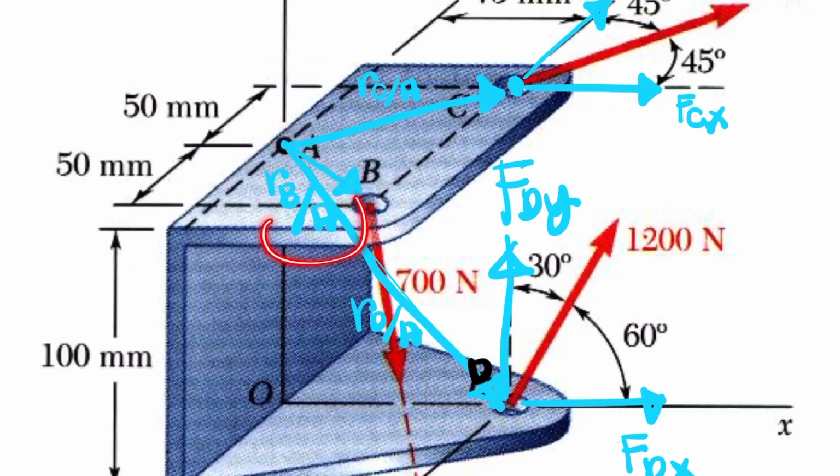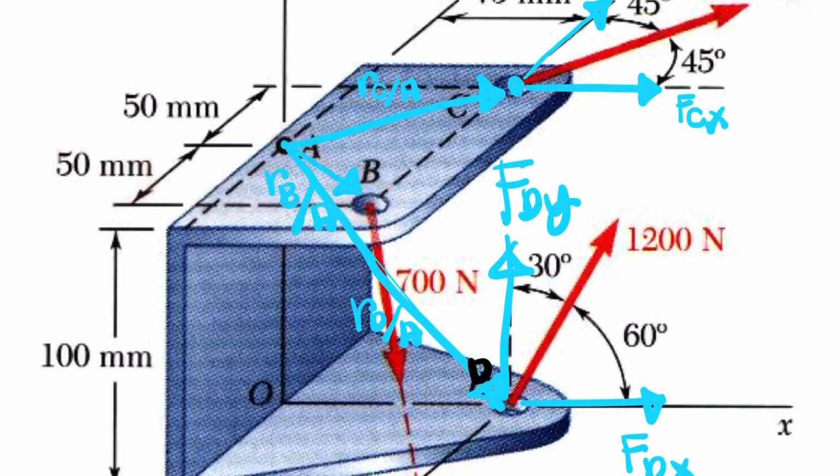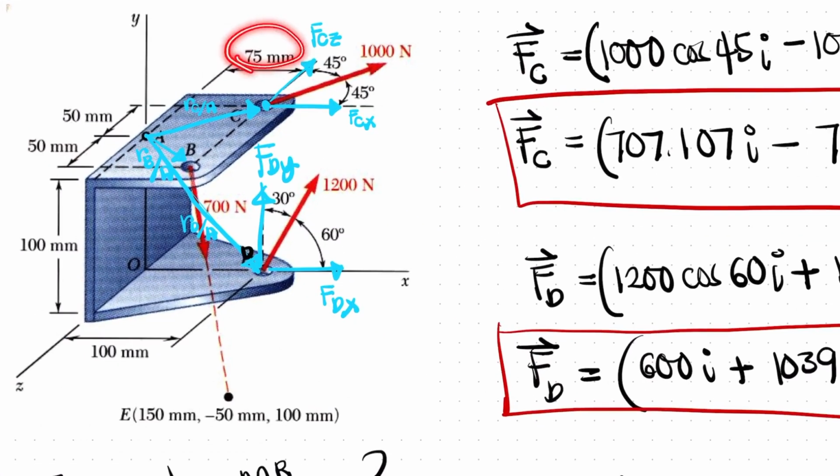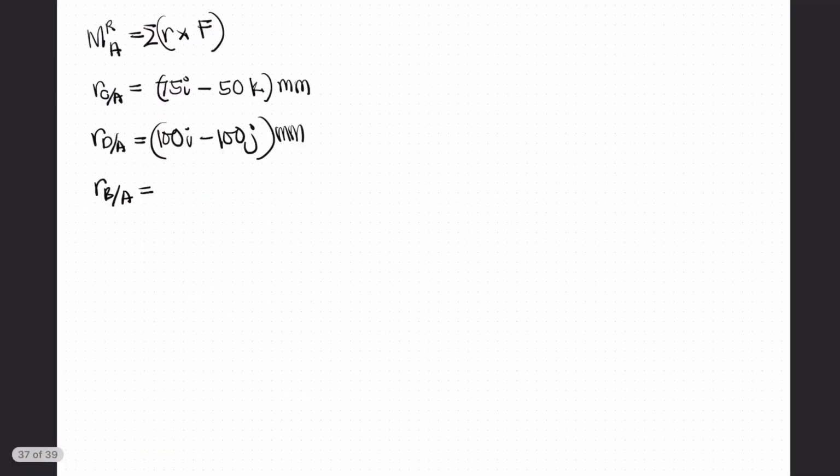So, always remember that. So, RB sub A, na siya coordinate or na siya distance along X o along Z. Along Z, positive. Along X, again, positive. Positive 75i plus 50k.